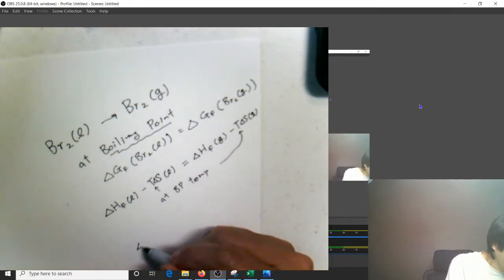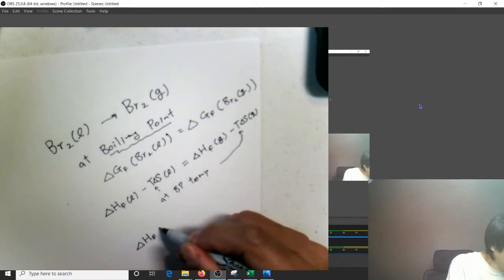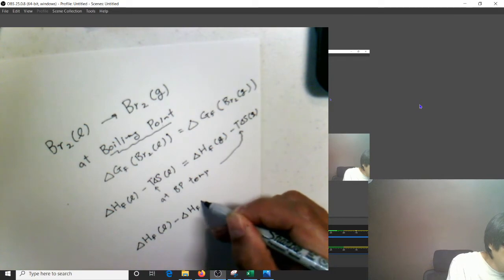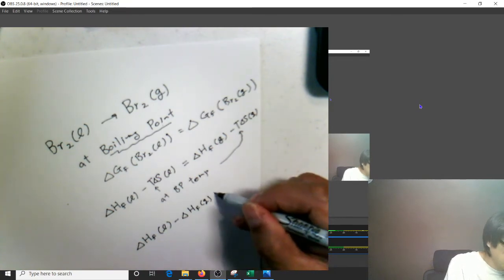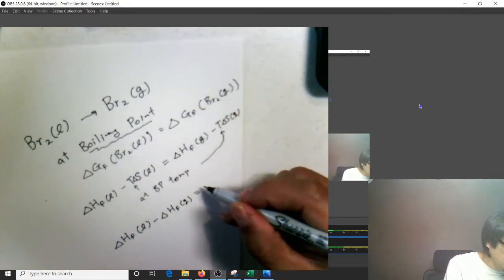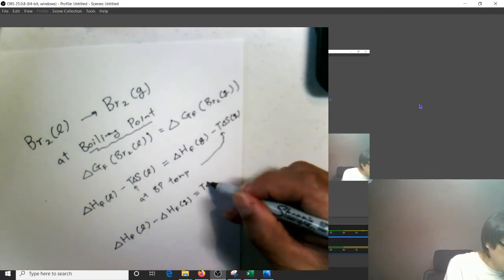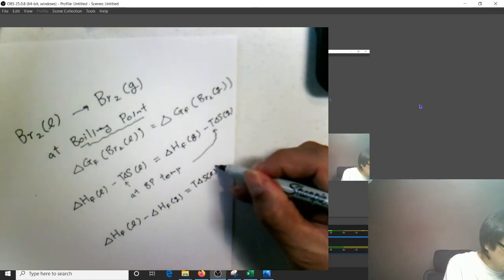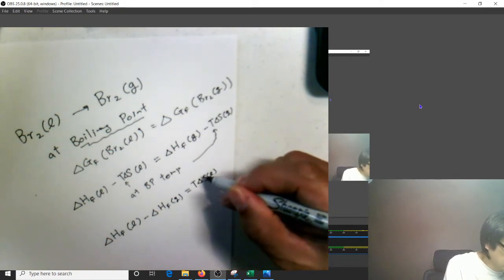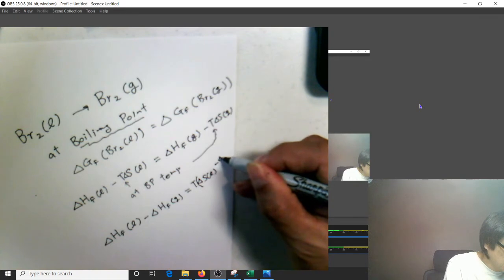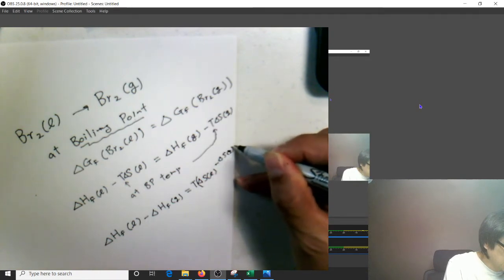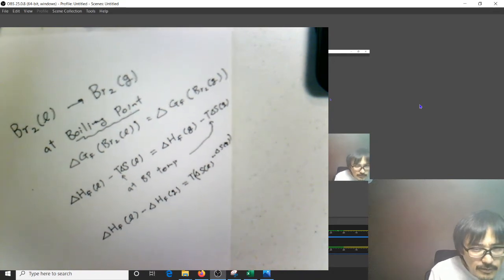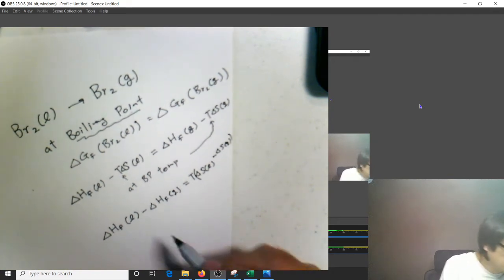So delta HF of the liquid minus delta HF of the gas has to be equal to T times delta S of the liquid minus delta S of the gas. Sorry, maybe a little bit too small, but hopefully you can see this.